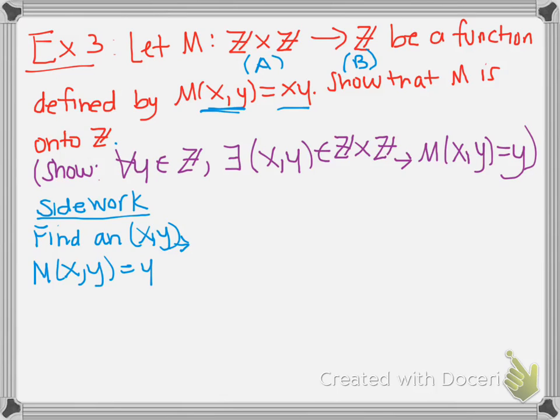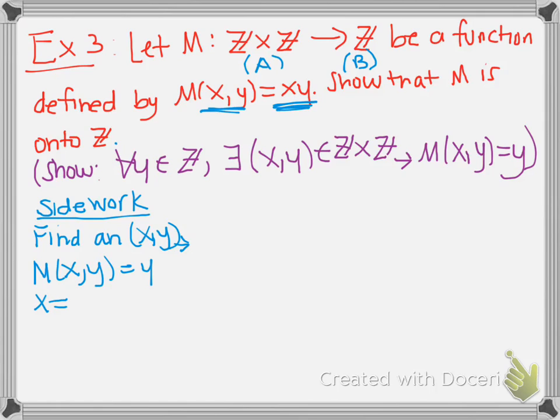So how would that look, knowing what it maps to? M of XY, whatever that ordered pair is. If the input is 1, 3, for instance, the output would be 1 times 3, or 3. So we need something where whatever our input is, our output will just be Y. Well, what would X have to be?